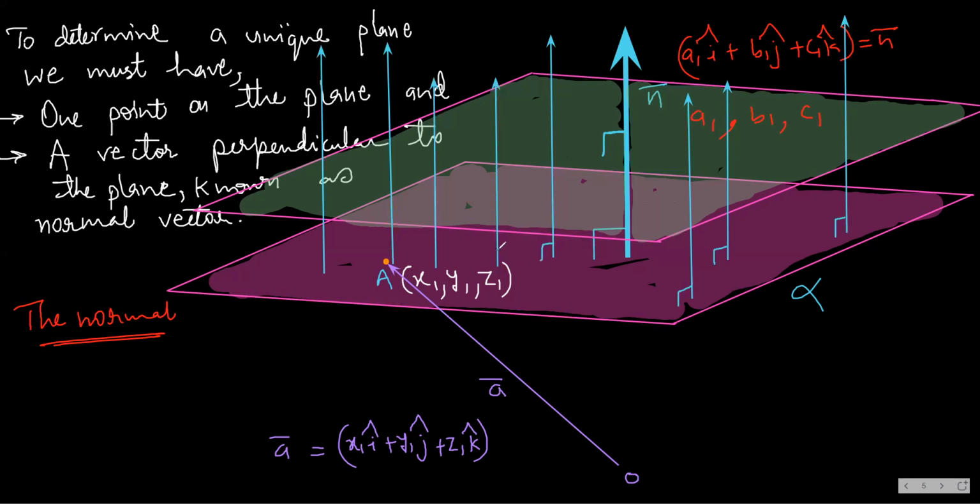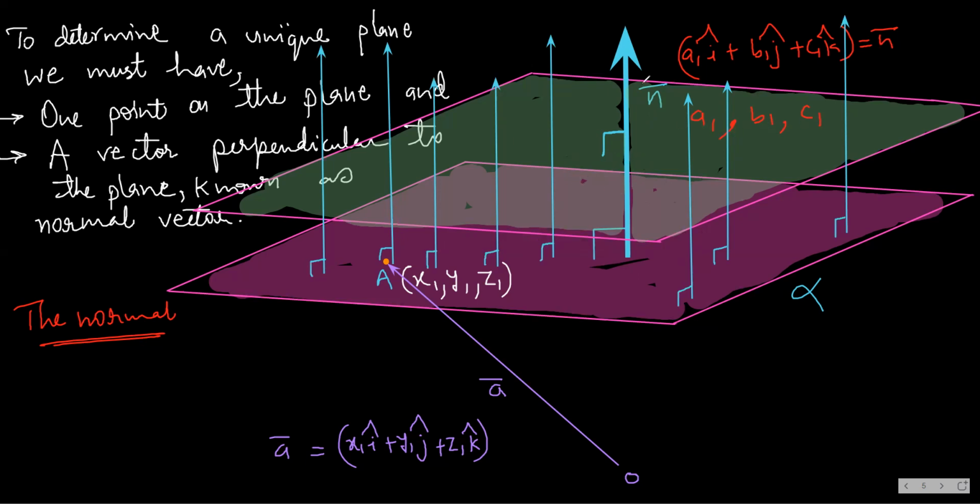We need only one. I hope the idea is clear. If I know the DRs of one of these normal vectors, the other normal vectors would have proportional DRs.